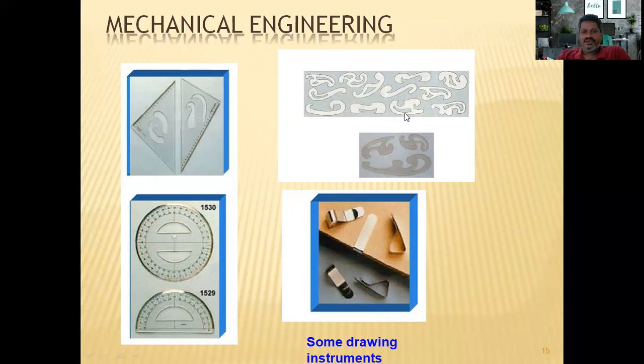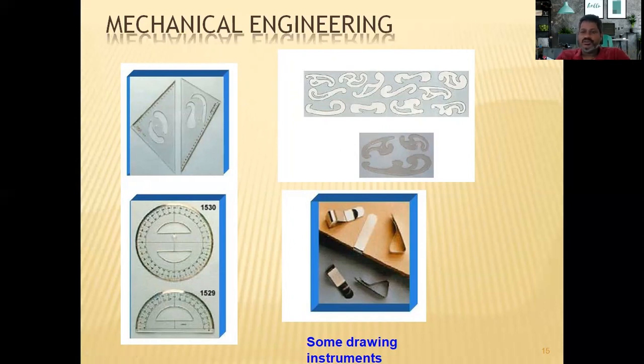Then we have the French curves. As you can see here, we have the depressions here, and we have the scales like this. These French curves are used to draw curves whenever we want to connect two points as a smooth curve. Whenever we want to join two points as a smooth curve, in that case these French curves are extremely useful.